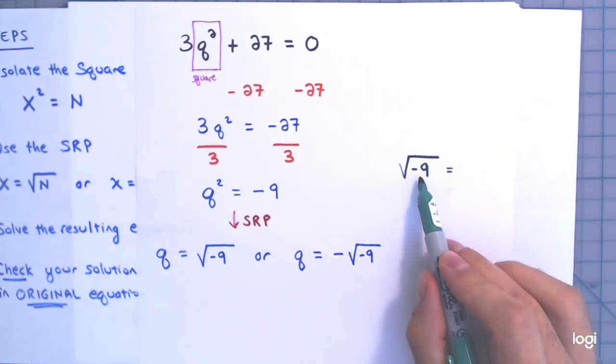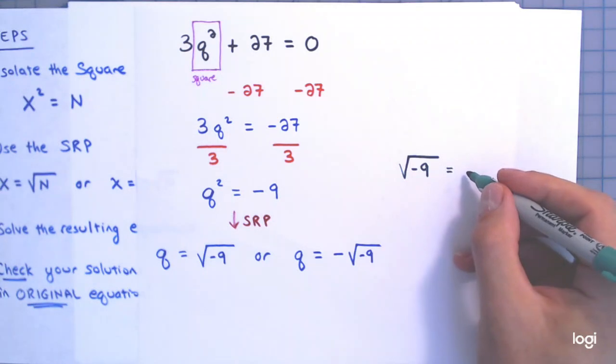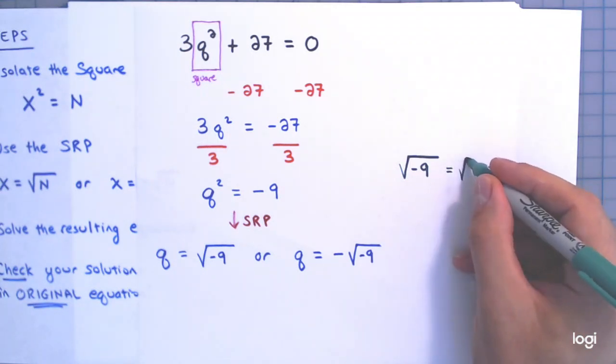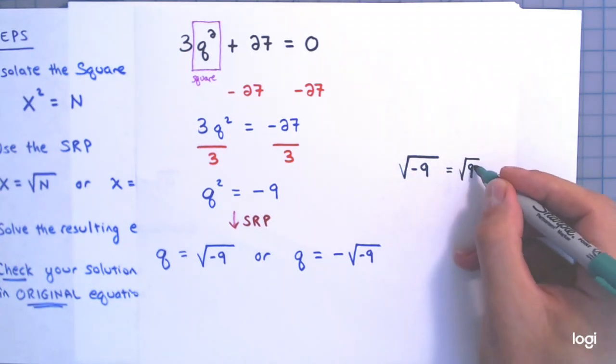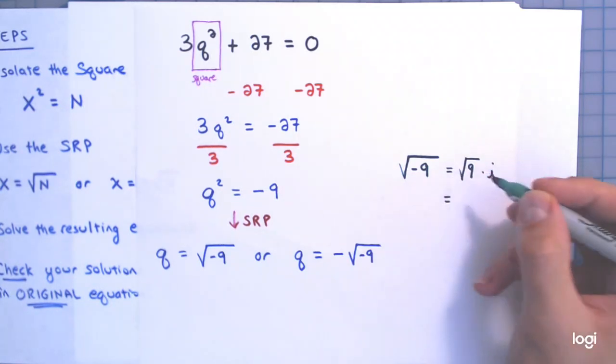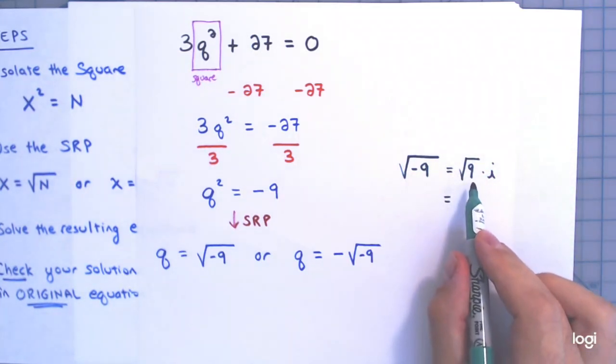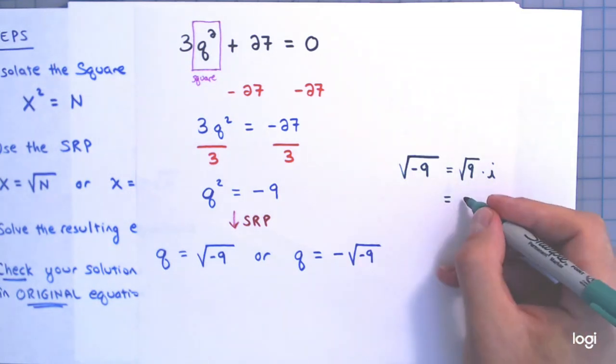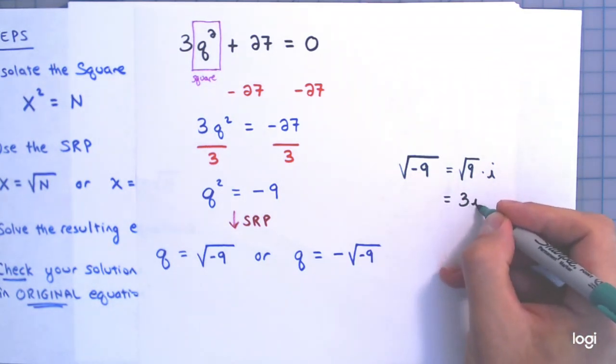So remember, the square root of -9 as a pure imaginary would simply be the square root of +9, that's real, times i. And again, you can throw the i in front if you want, but the square root of +9 is 3, so that's 3i.